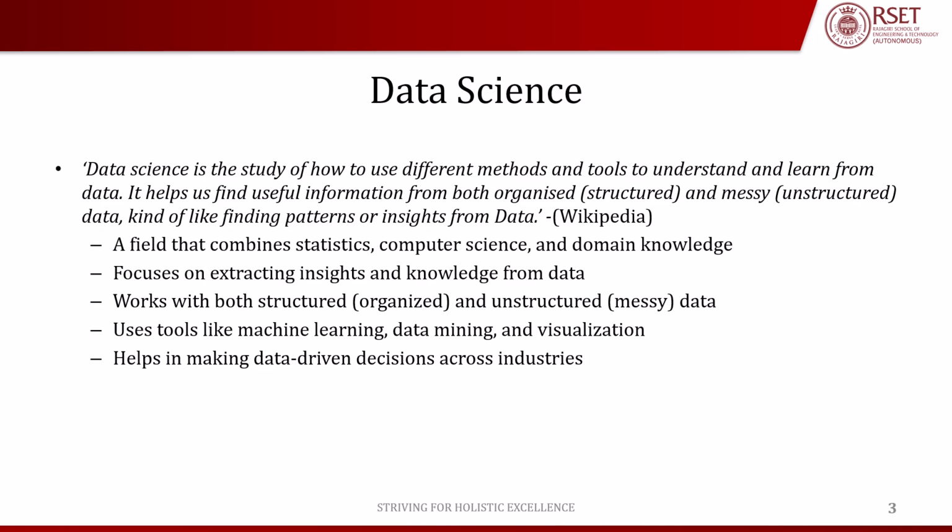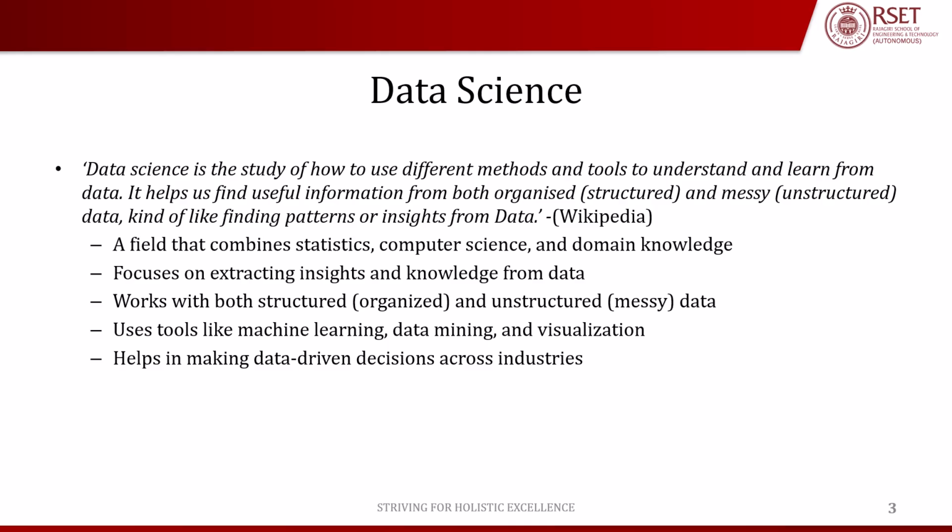So what is unstructured data? Unstructured data is like what we have on the web, like the comments that we get in social media, in YouTube or in say Twitter, Instagram, the comments that people are writing. So that is unstructured data, and organized data or structured data is the data that is coming in tables.